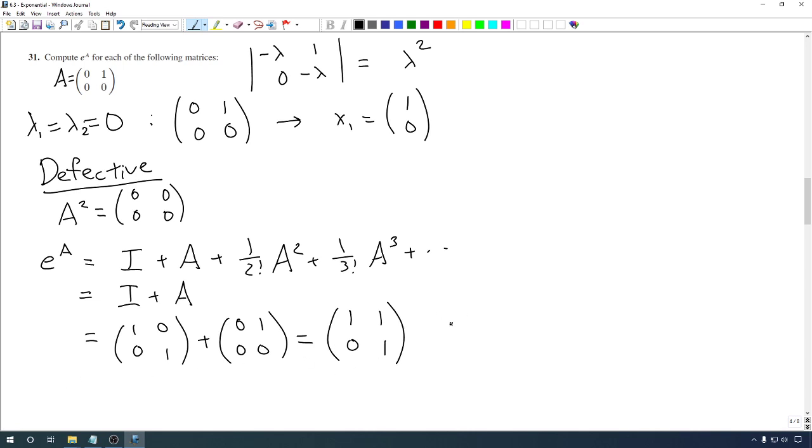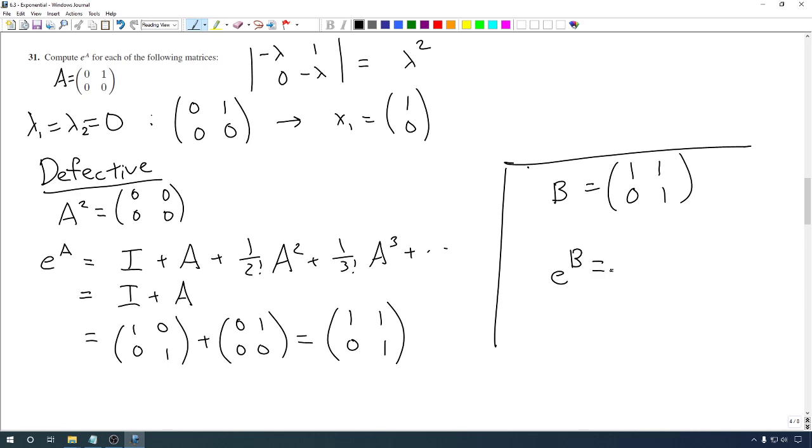Let's call this matrix B, just to have a different letter for it. E to the B ends up being e, e, 0, e. And that's not straightforward to find, so I'm not going to actually work that out for you. Just be aware that it did take me some work to compute that myself.